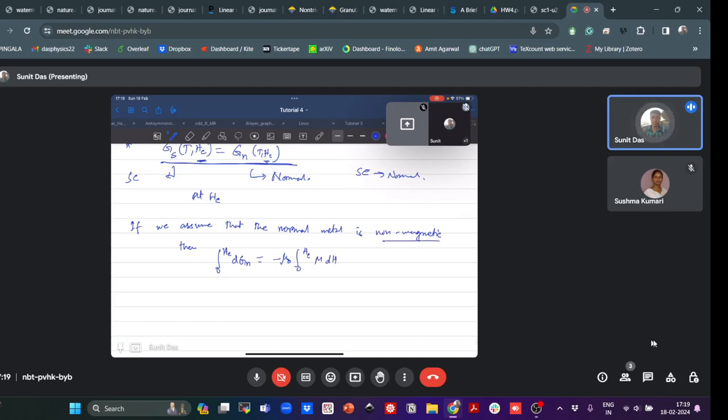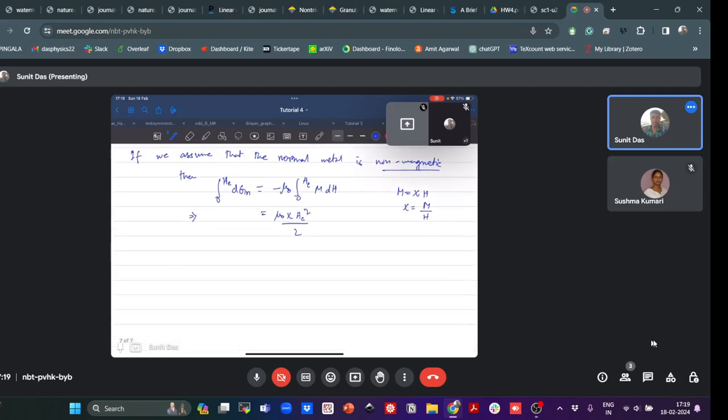If this is non-magnetic, then M is simply chi H. Chi is the magnetic susceptibility, magnetization per unit applied magnetic field. So this will come out as minus mu 0 chi Hc square by 2.